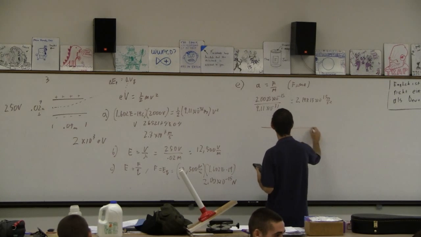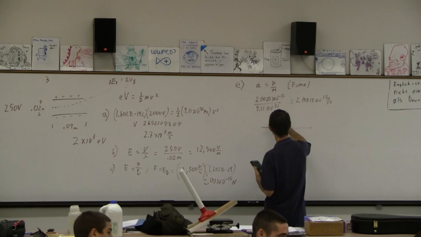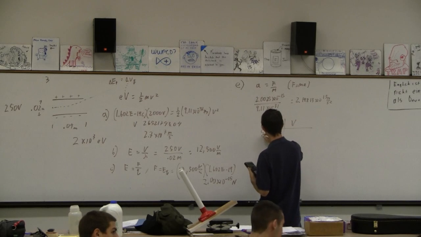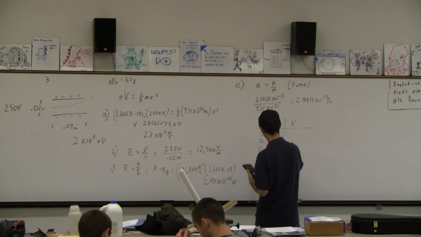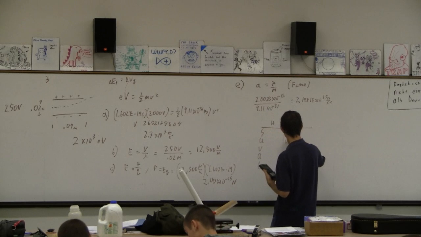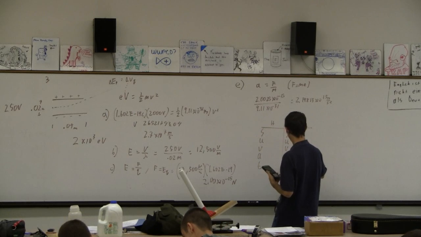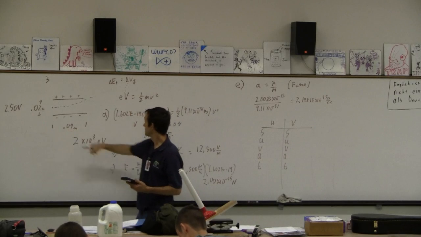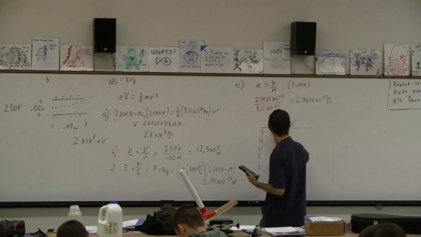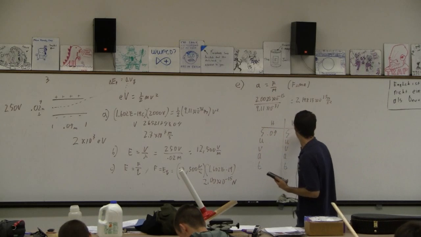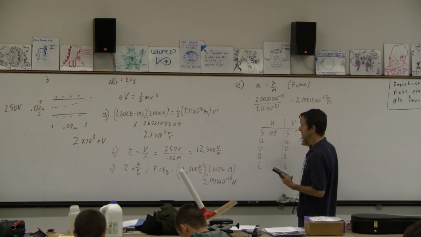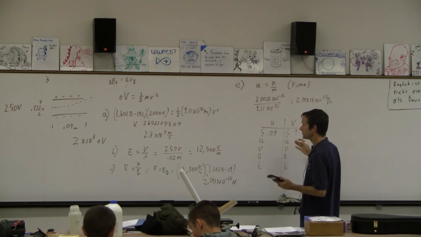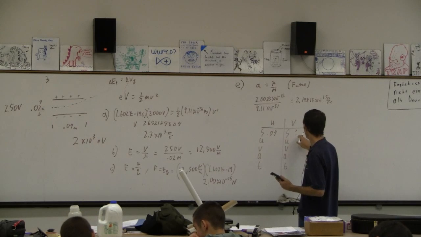Now we're set. Horizontal, vertical. Horizontally, it's 0.04 meters. Vertically, we don't know. We can't say that it's 0.02, because we don't know that it goes that far. That's just how big the plates happen to be.